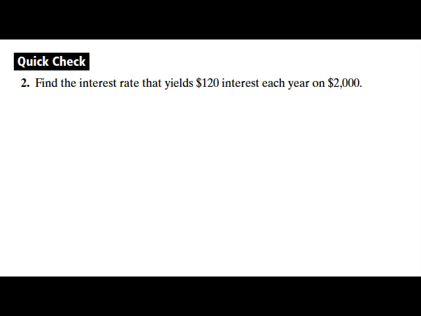Quick check number 2. Find the interest rate that yields $120 interest each year on $2,000. We start with the formula I equals PRT. The interest was $120. The principal was $2,000. We don't know the interest rate, and the time was 1 year. To solve for R, we're going to have to divide both sides by 2,000. So we have 120 divided by 2,000 equals 2,000 R times 1 over 2,000.